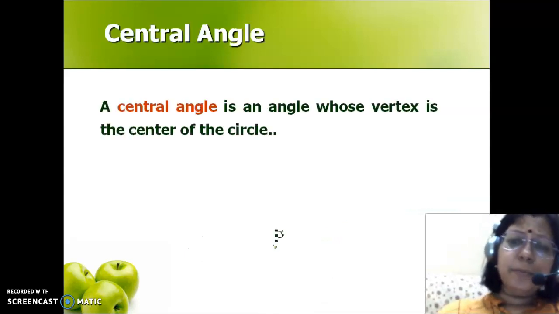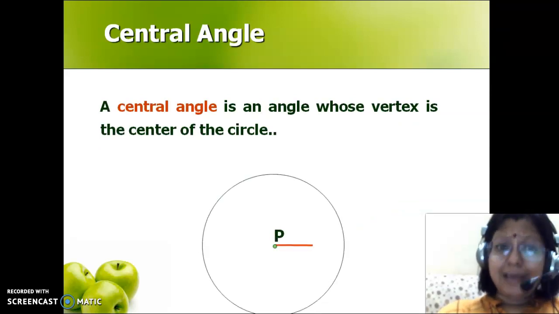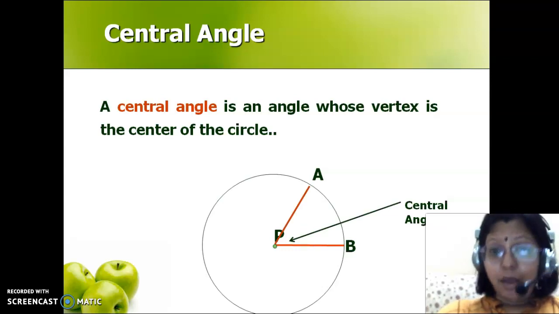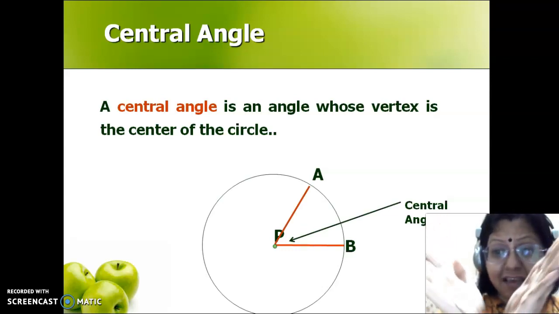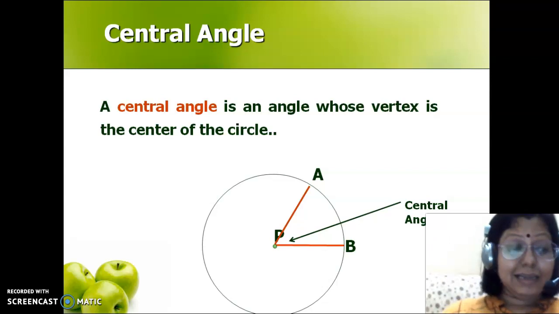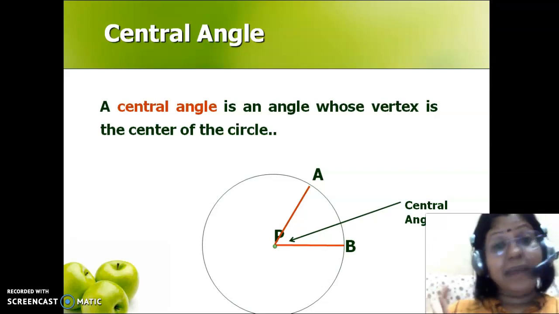Now, another important concept we will learn, central angle. So basically, children, you all have done angle in your earlier classes, when 2 line segments meet each other at one point. Okay, then that is nothing but angle.